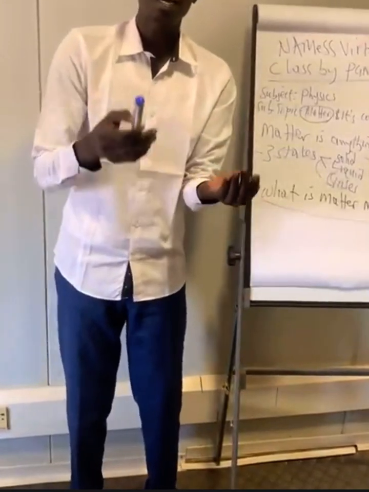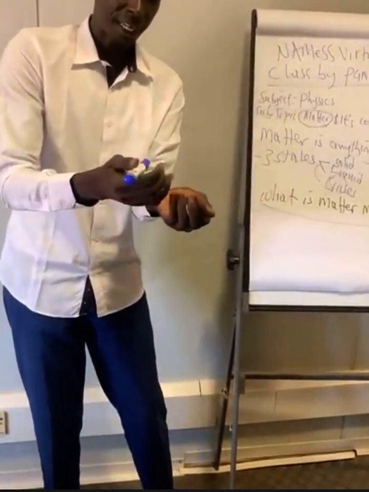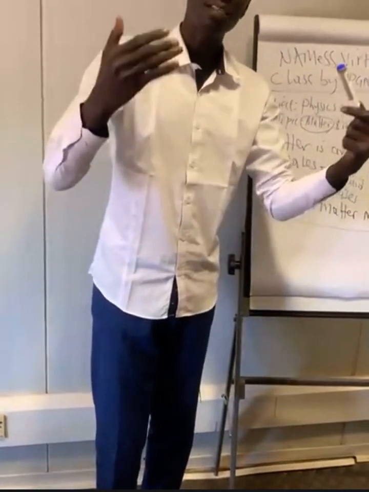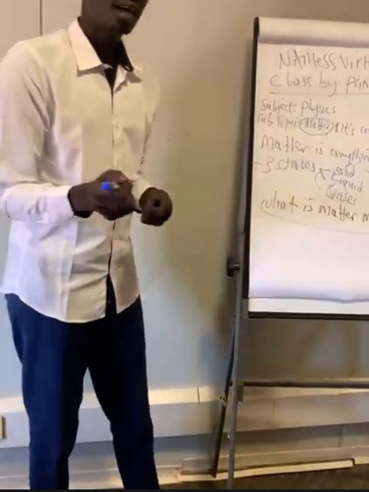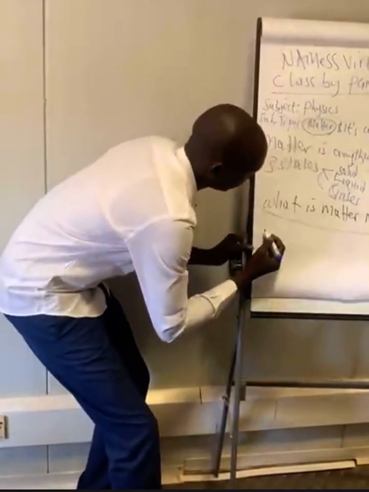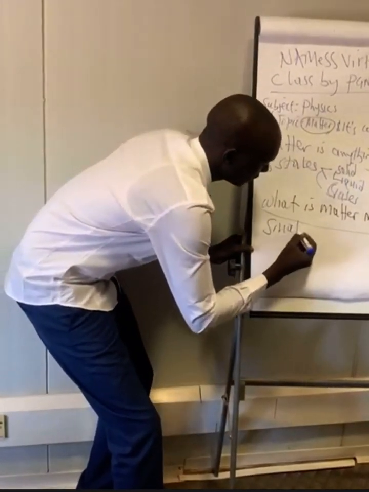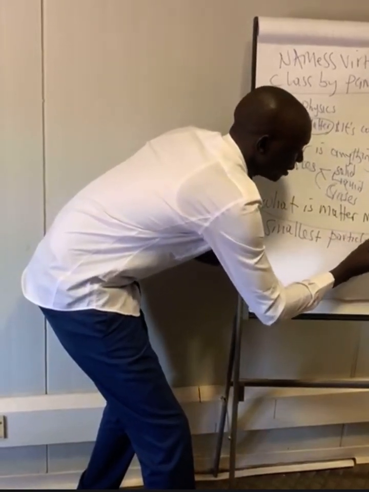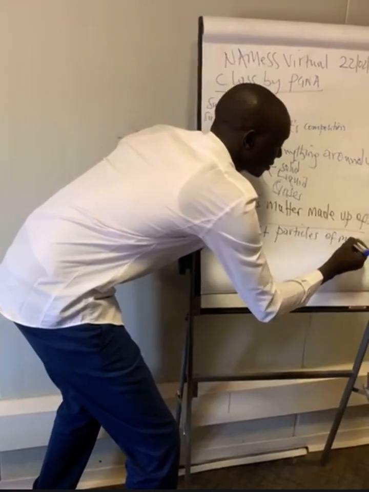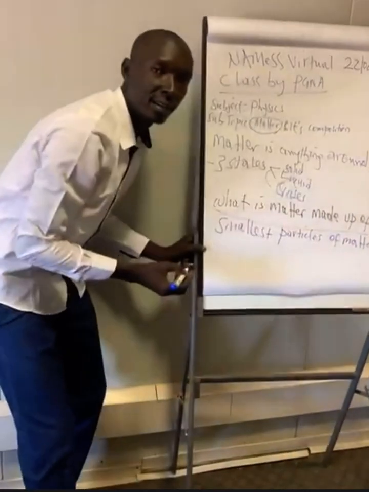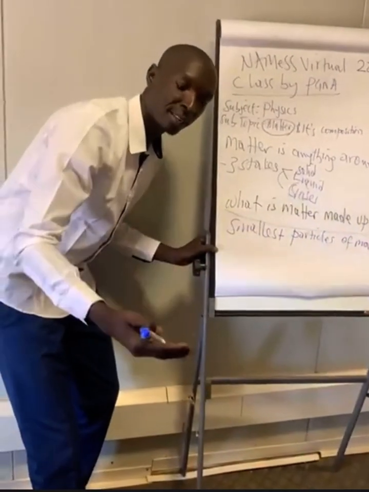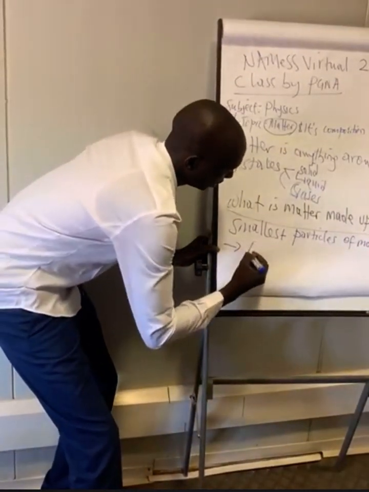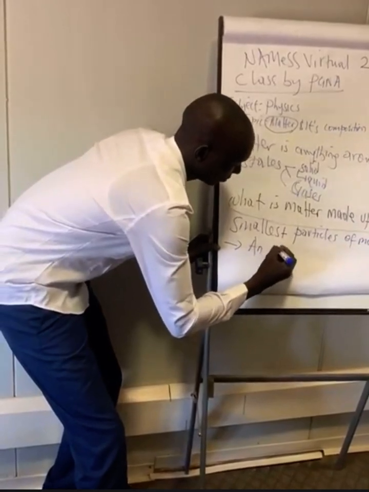And those smallest particles that you have obtained as a result of you breaking down a piece of paper into pieces are what we call an atom. Those smallest particles of matter that we obtain as a result of us breaking down this piece of paper are what we call an atom.